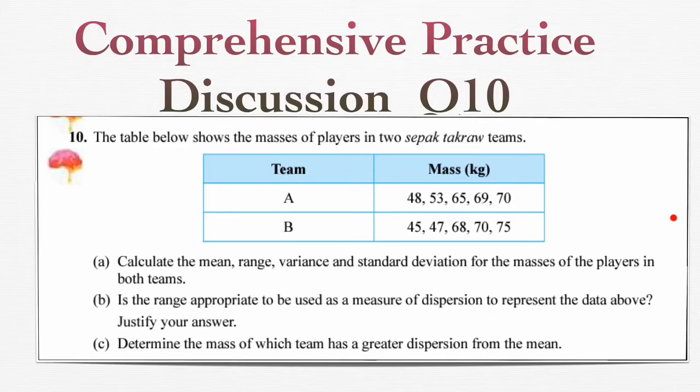Question A, calculate the mean, range, variance and standard deviation for the masses of the players in both teams. B, is the range appropriate to be used as a measure of dispersion to represent the data above? Justify your answer. Question C, determine the mass of which team has a greater dispersion from the mean.